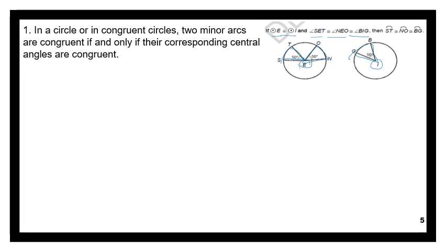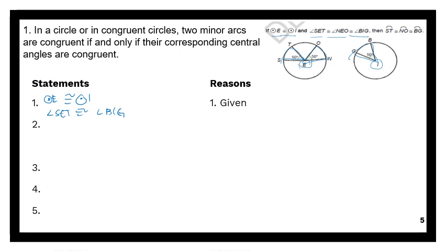Here's the proof. Number 1, statement: circle E is congruent to circle I, and angle TES is congruent to angle BIG, and that is the given.